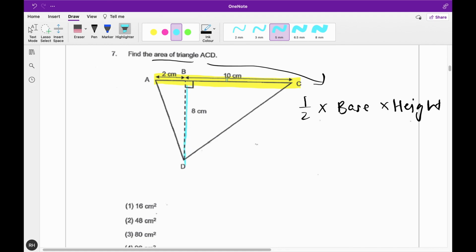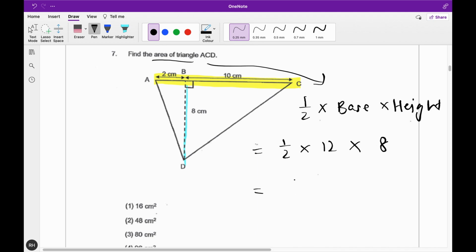It is perpendicular to the base. The answer will be half times 12 times 8. Half times 12 will have 6 times 8. 6 times 8 would give us 48. And so it will be option 2.